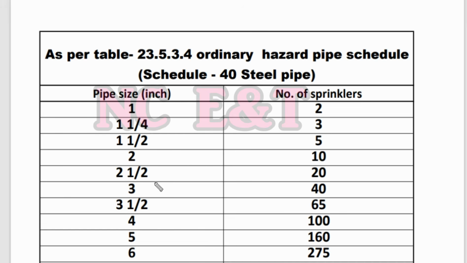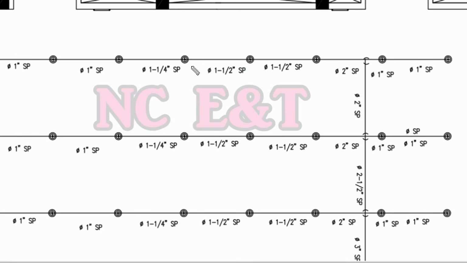In the same way, for the next pipe size, 1.5 inch, we can use up to 5 sprinklers. Let us see on our drawing. Let us count the sprinklers: 1, 2, 3, 4 and 5. So up to 5 sprinklers we can use the pipe size 1.5 inch, and we have selected as per this table.